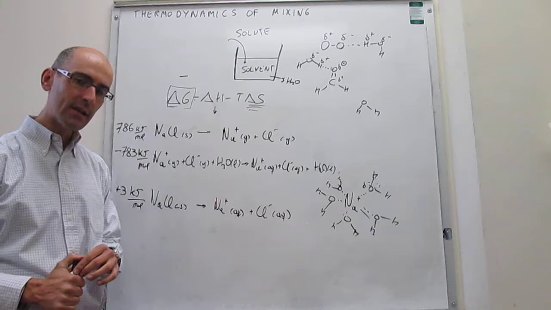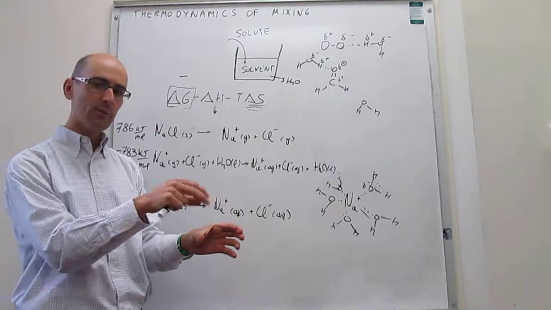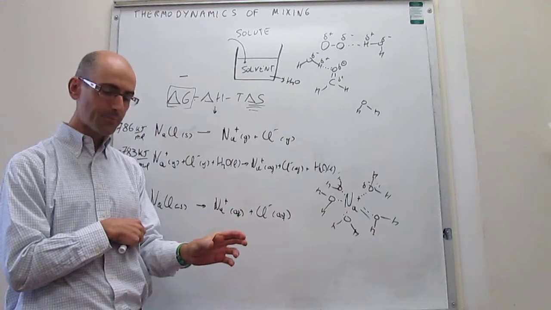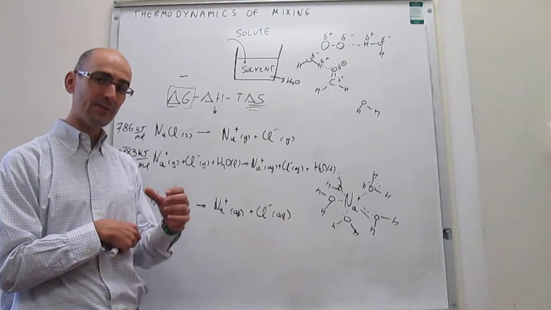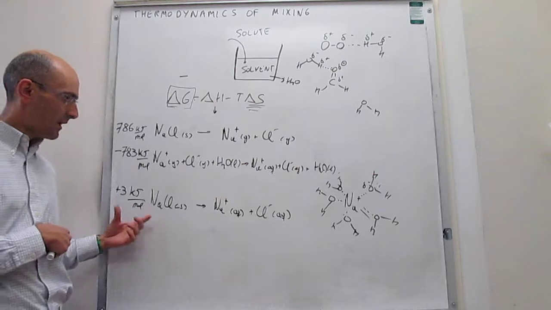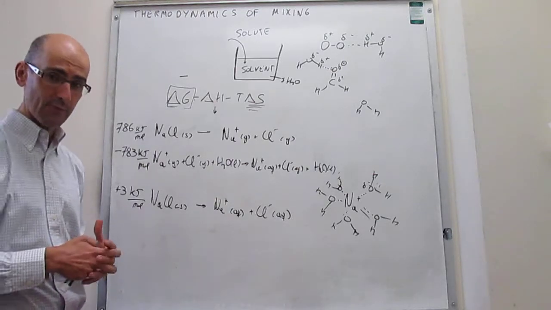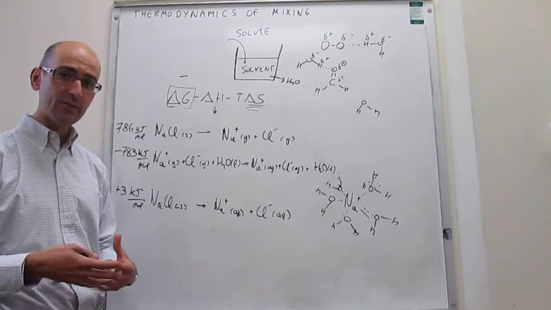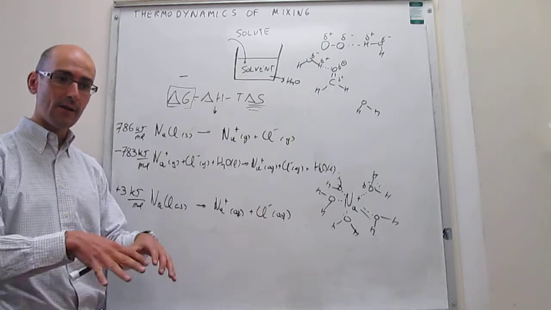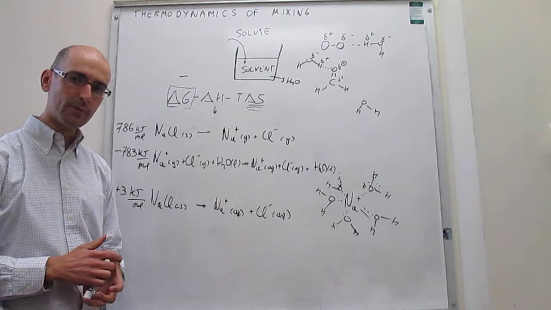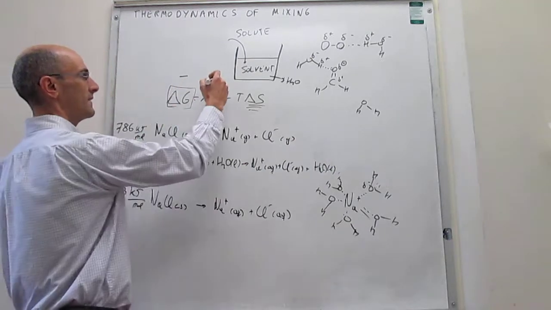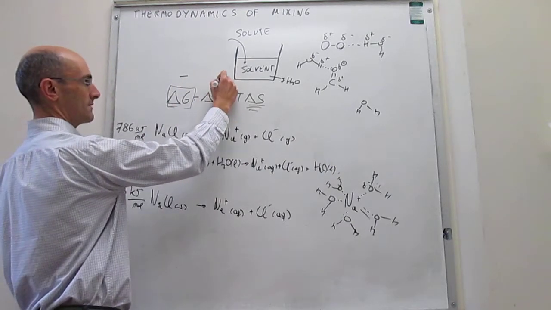So what you can expect to find is that when you dissolve a little bit of sodium chloride in water, the temperature of the water should go down by just a little bit, because there's some energy that is needed to give rise to that process. And that energy can be obtained from the thermal environment in which the water is, which then should get a little cooler. So this delta H is actually positive.